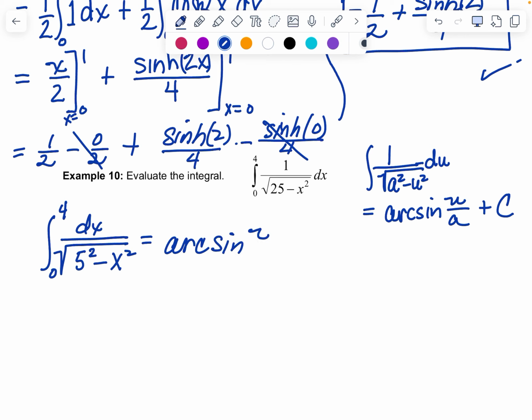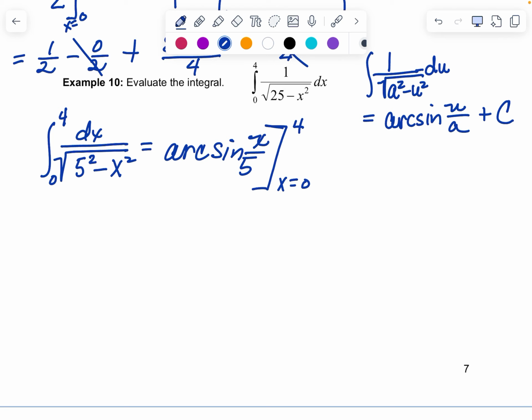Arcsine of x over 5 plus c, or no, not plus c, it's a definite integral. So we're just going to evaluate that from x is equal to 0 to 4. It is exactly the arcsine form. So we get arcsine, just threw in the regular trig just to confuse you, minus the arcsine of x over 5, you're putting 0 in, 0 over 5, right?